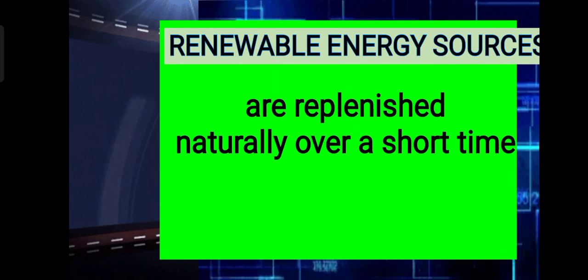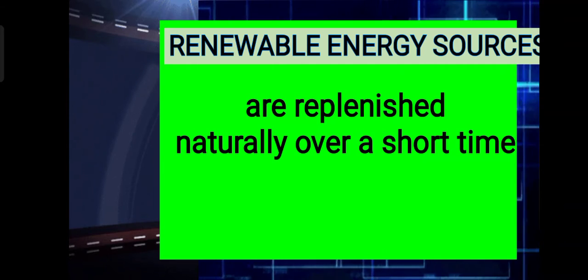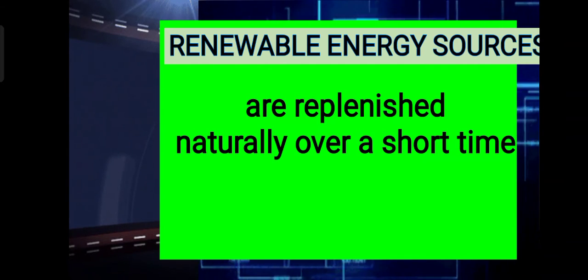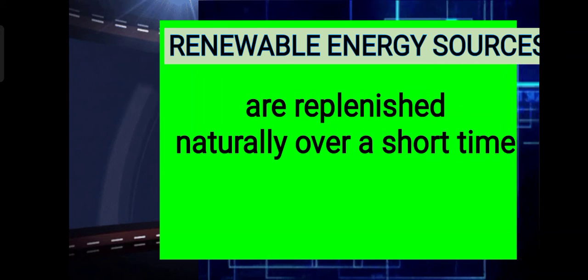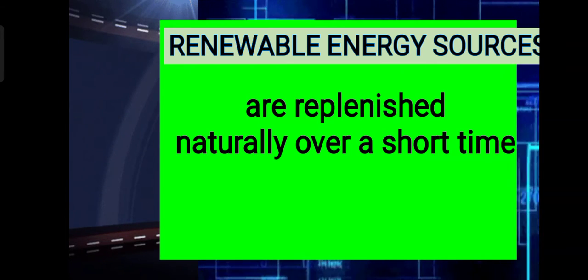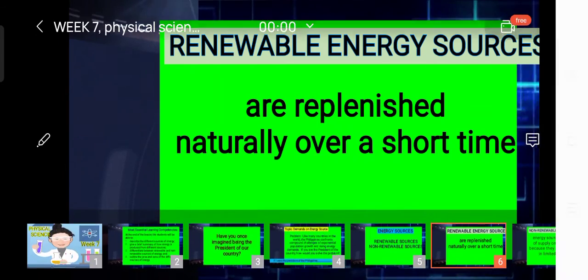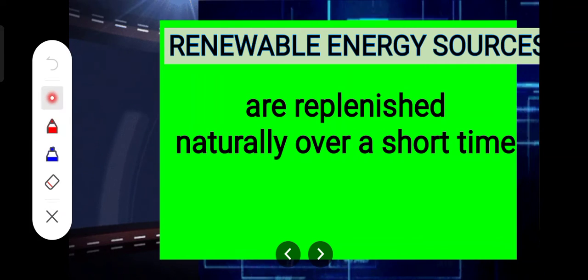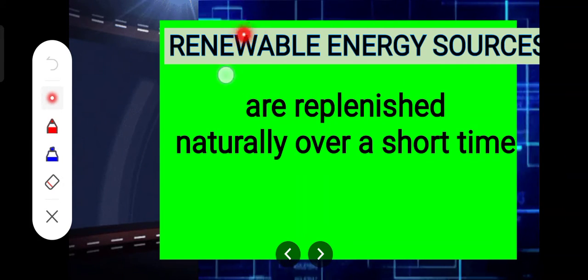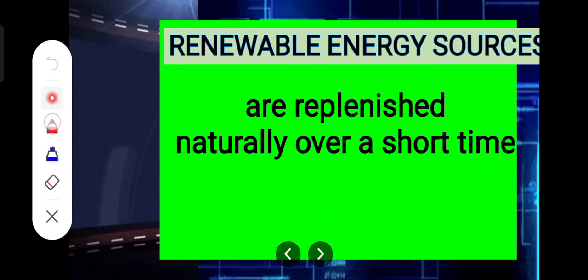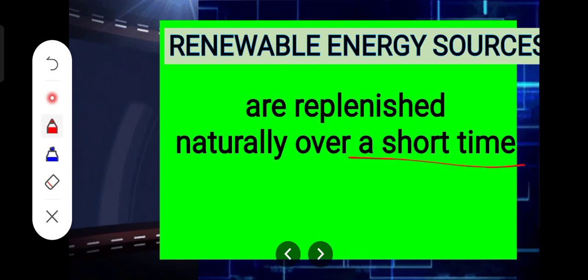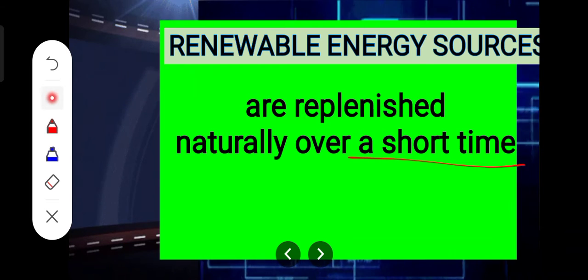So, they are replenished naturally over a short time. The most common examples include wind, solar, geothermal, biomass, and hydropower. So, take note that renewable energy sources are replenished naturally over a short period of time.